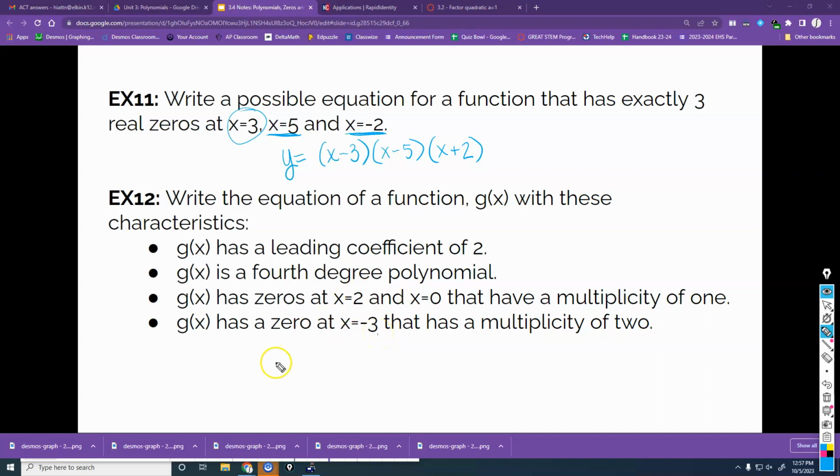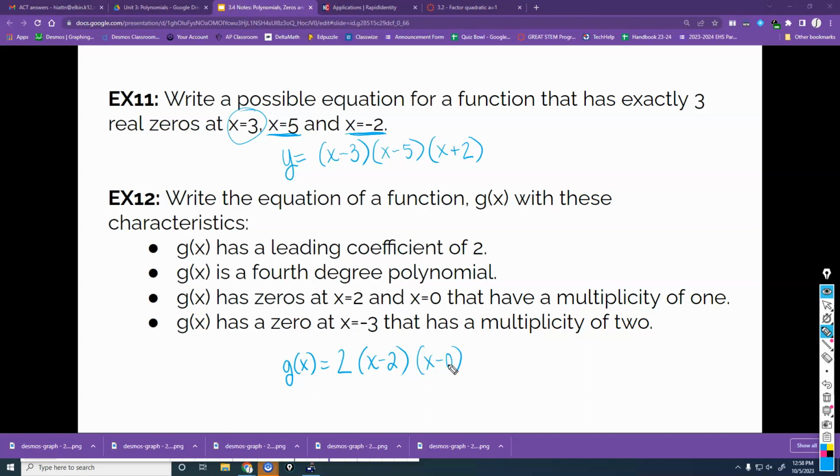So if I have a leading coefficient of 2, that just means that number out front is a 2. And then I have zeros at x equals 2, so that's going to be x minus 2. And x equals 0, I could write it as x minus 0 if I want, but do I really need to put the minus 0?